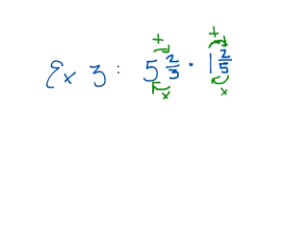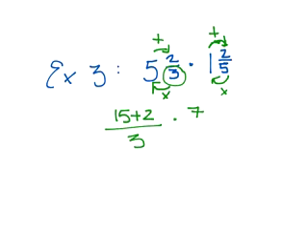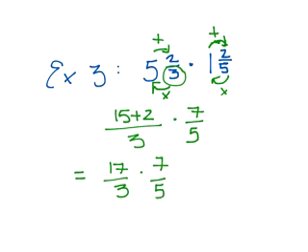So 5 times 3 is 15 plus 2. Again, keeping this denominator down there. 5 times 1 is 5, plus 2 is 7. Keep the same denominator. So this is going to give me 17 over 3 times 7 over 5.